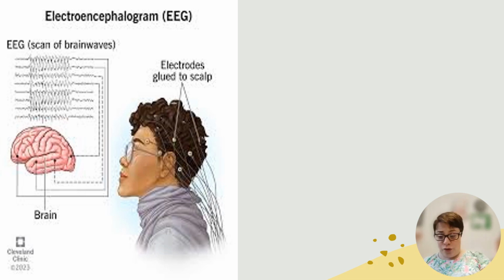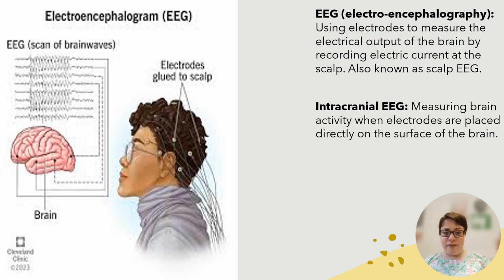There is also a different kind of EEG known as the intracranial EEG. With the intracranial EEG, electrodes are placed directly on the surface of the brain. So this can only occur during surgery, right?